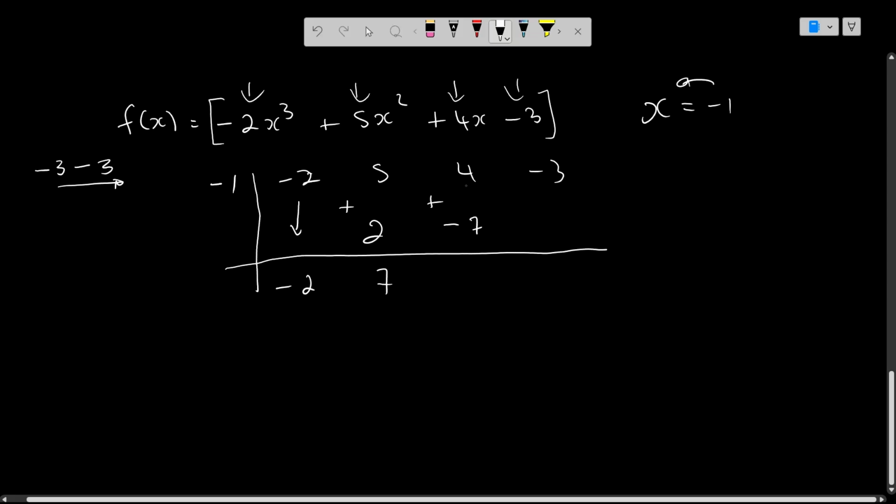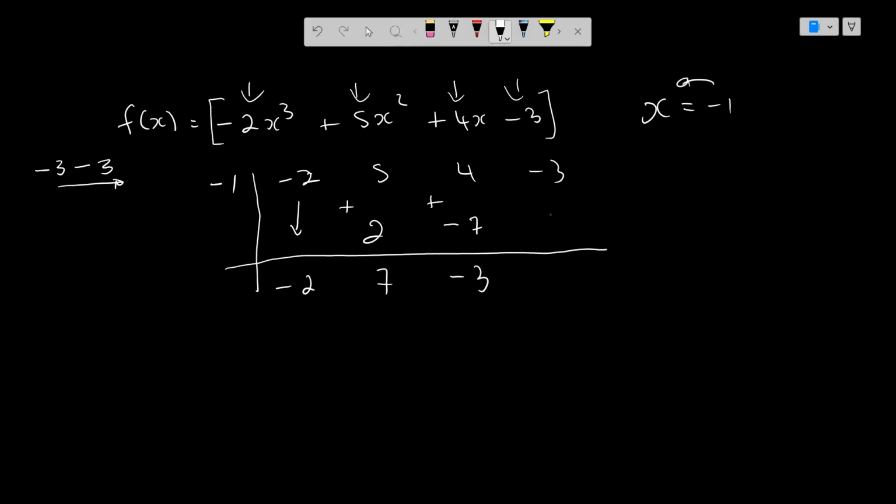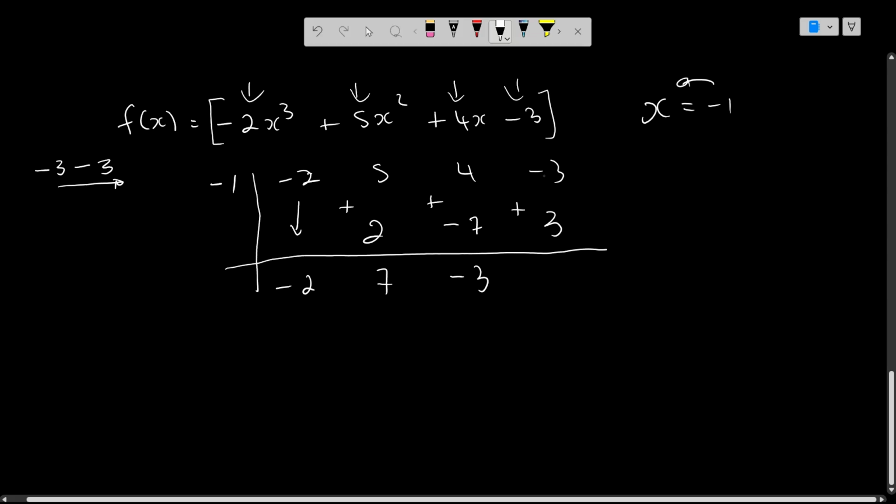You add these two, that will give you negative 3. That times that, negative 3 times negative 1, that's positive 3. You add these, negative 3 plus 3, that's 0. So that means this here is indeed a factor, a common factor there.